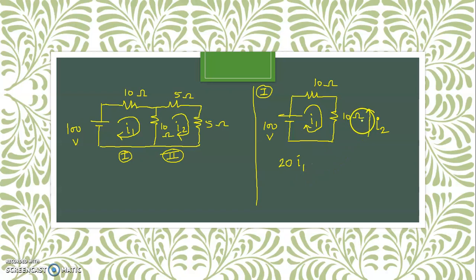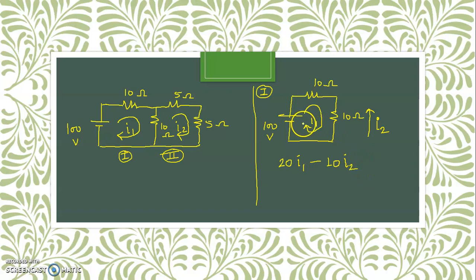Now I2 is flowing only through this 10 ohm for this first loop, but this is in opposition to I1. If it is in opposition, that opposition is indicated by a negative sign. The value of the resistance through which that current is flowing is 10 ohm, and the current is I2.